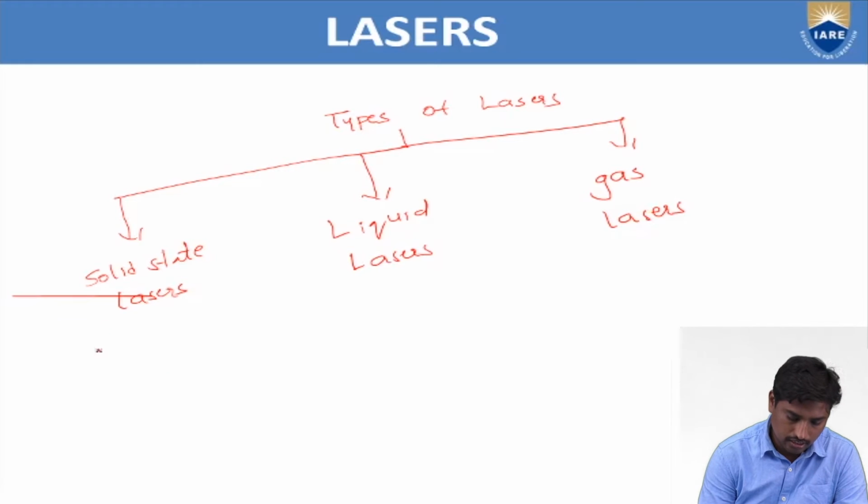Coming to the solid state laser, an example for the solid state laser is the ruby laser. The ruby laser is the example for the solid state laser.